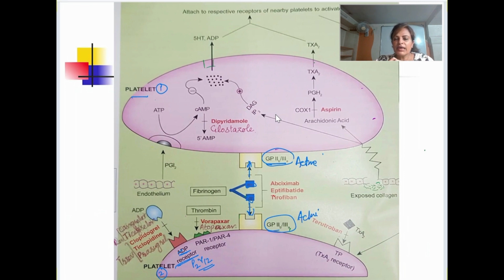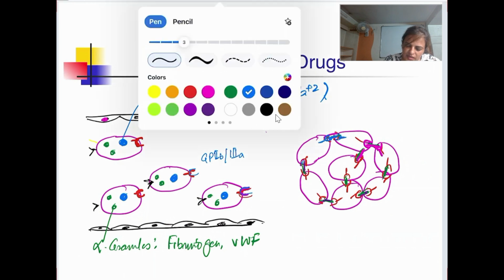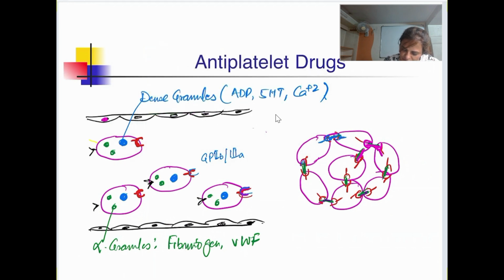With the fibrinogen binding receptor, what will happen? The platelets get cross linked to one another and they form a platelet plug. You can see in the next figure, these are the GP 2B3A receptors. You can see in all the cells the red color, ये आपका red color का receptor है, and this green color जो आपका दिख रहा है, that is the fibrinogen, ये fibrinogen है.